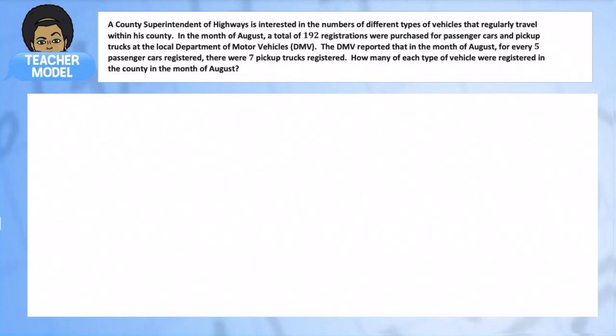Okay, so let's read through. A county superintendent of highways is interested in the number of different types of vehicles that regularly travel within his county. In the month of August, a total of 192 registrations were purchased for passenger cars and pickup trucks. The 192 represents both the cars and the trucks.